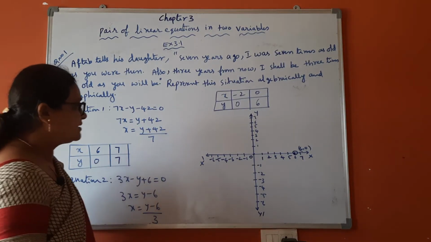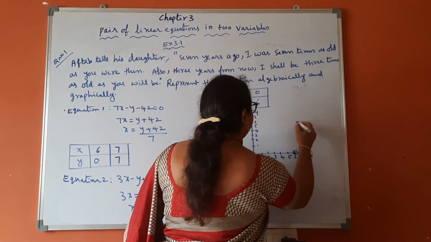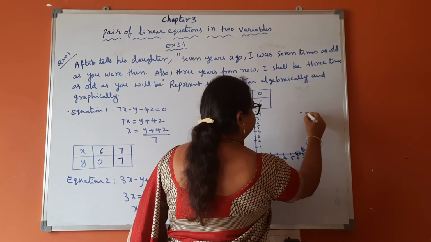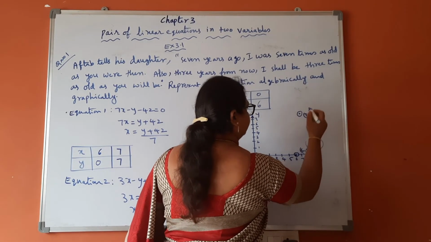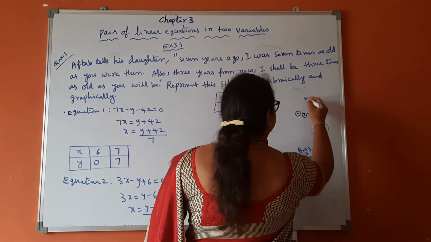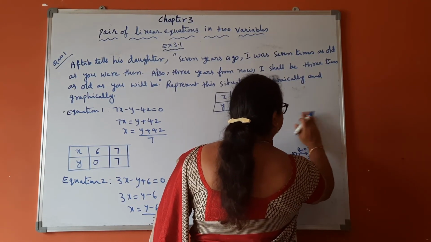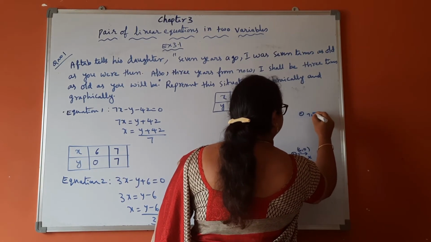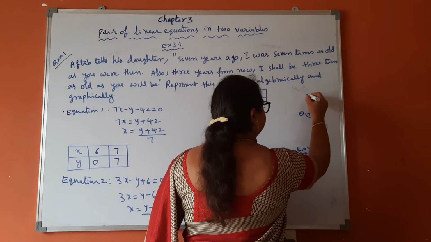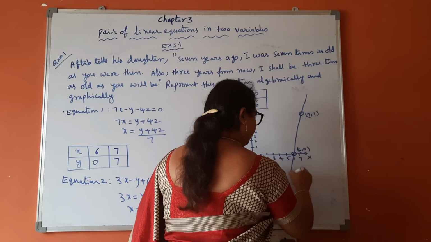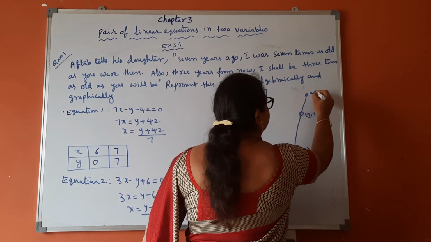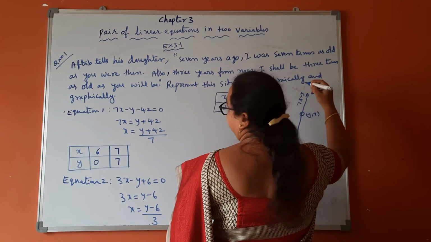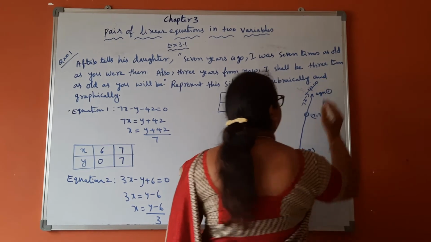Then 7 comma 7. x coordinate is 7 and y coordinate is also 7. This is equation 1, that is 7x minus y minus 42 is equal to 0.